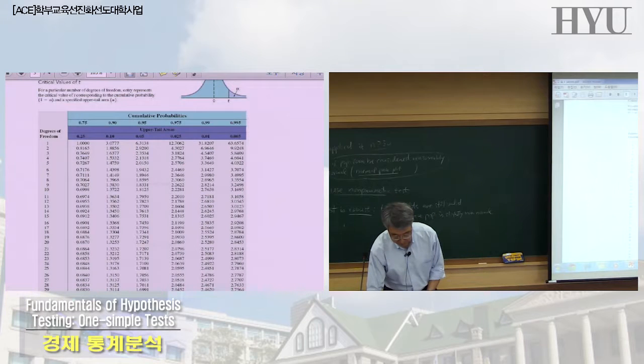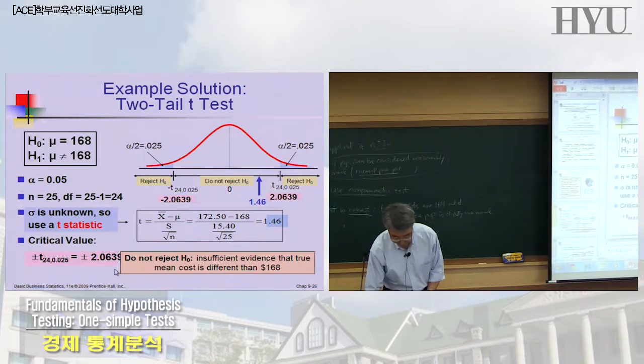We look for upper tail area of 0.025 here, and then come down to degrees of freedom of 24, which is 2.0639. You can use the t-table, so look for the upper tail area, 0.025, and come down to degrees of freedom 24. So 2.0639, that's the critical value. That's how they found 2.0639 here.